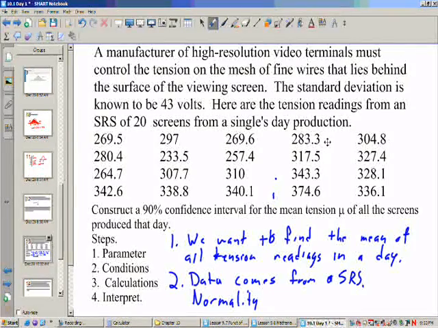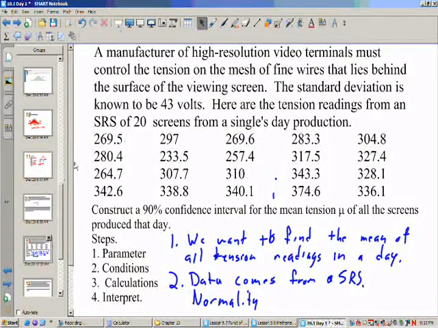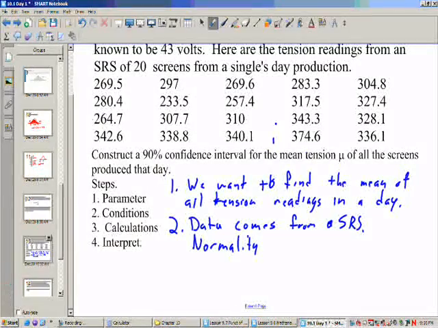So we're going to have to graph these. So plug all of this data into your calculator and then make a box plot. Alright, once you have all the data in there, then graph it, and you should have a box plot that looks something like this.